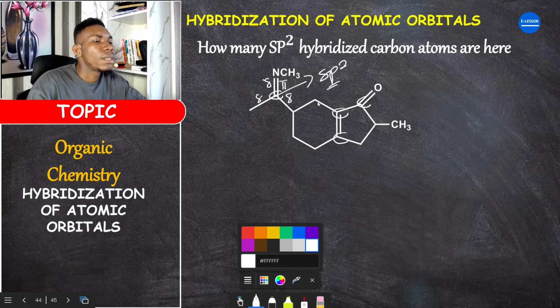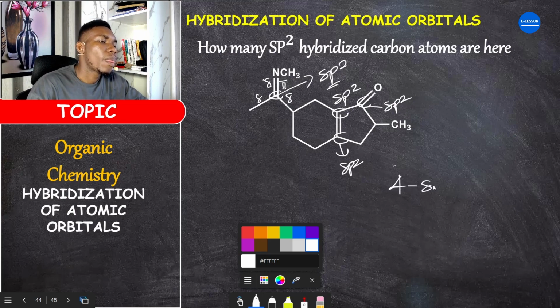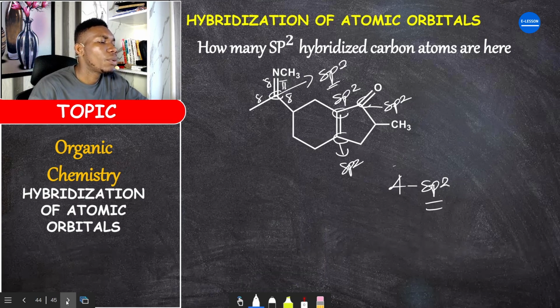Here the same thing. How many sigma? 3 sigma, 1 pi, sp2. Here 3 sigma, 1 pi, sp2. Here 3 sigma, 1 pi, sp2. We are talking about only carbons. So in total 1, 2, 3, 4. 4 sp2 carbons are here. Is that okay? So that is basically that for this case.